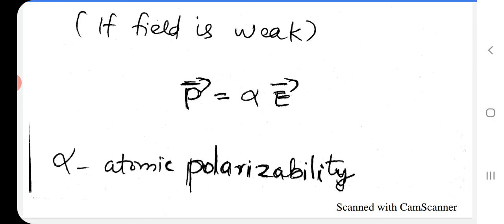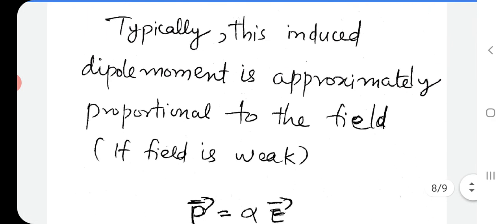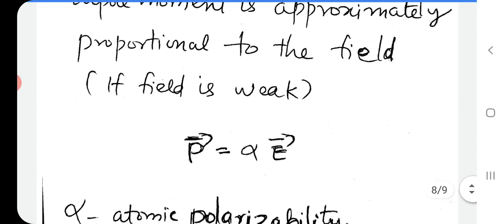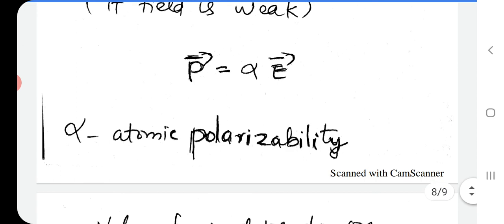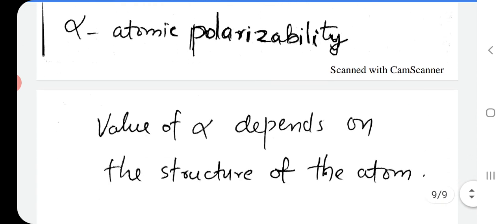So for weak fields, the dipole moment induced by the field is proportional to the field, and that proportionality constant is alpha, the atomic polarizability.